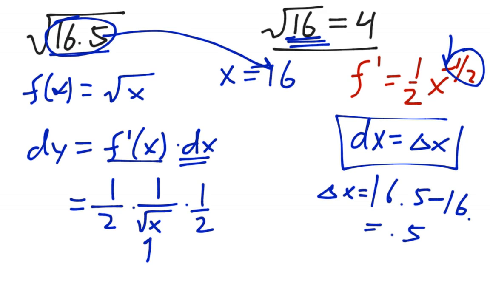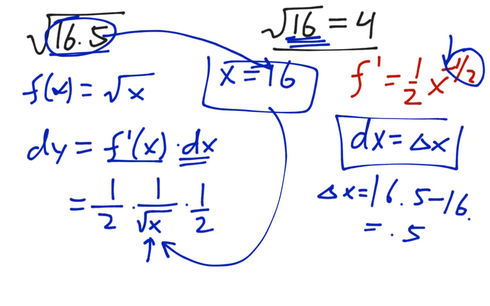I just need to know what x is. Oh, there it is. x is 16, so I plug it in. And so I get 1/2 times 1 over the square root of 16 times 1/2. And when I multiply this all out, the square root of 16 is 4, so I get 1/2 times a 4th, which is 1/8, times 1/2, which is 1/16. So dy is 1/16.